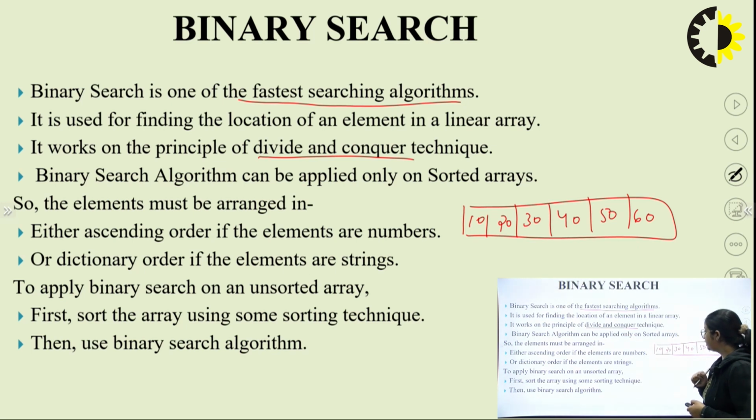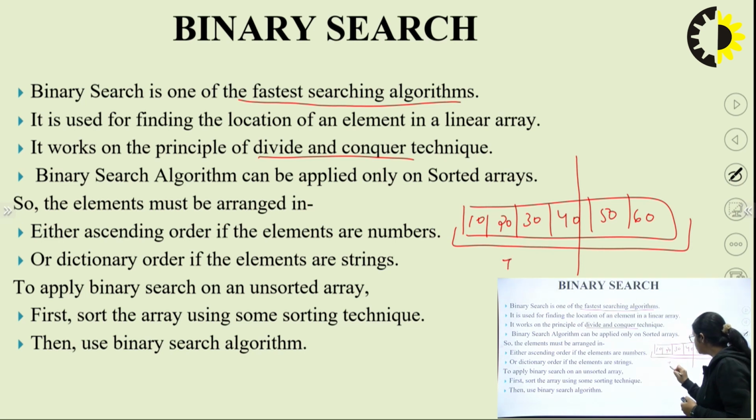The divide and conquer technique tells us that we have to divide this array into two parts. You can say this is the first interval and this is the second interval. With the help of a searching technique applied on these array elements, we divide this array into two parts.